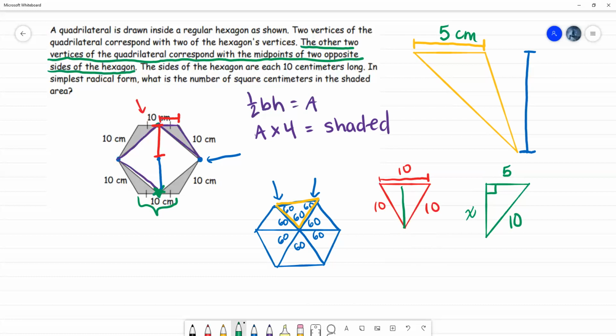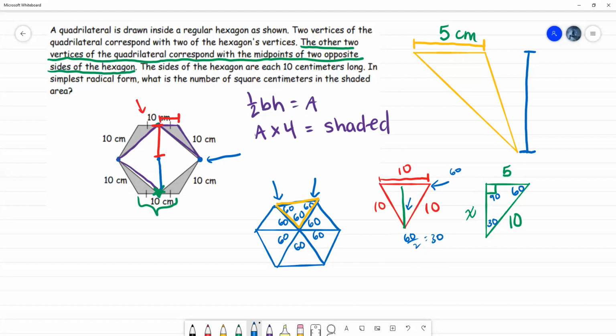To find this out, we can use the Pythagorean theorem, or we can use the 30, 60, 90 triangle. We know that this is 90 degrees, and because we're dividing this in half over here, this was originally 60 degrees, so 60 divided by 2 is 30. This degree here we said was 60, and we're not changing that, so it stays 60.